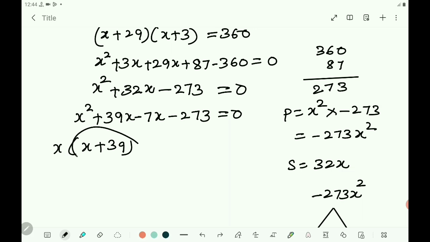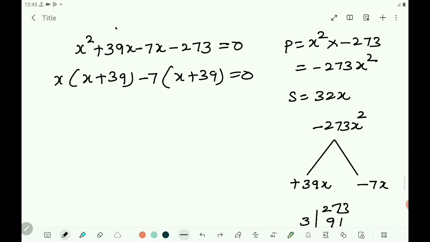In the bracket you are going to get x plus 39. Then minus, here 7 and 273 is there. If you remove 7 common, in the bracket you are going to get 39. 7 is common, in the bracket x plus 39 equals 0, because out of the bracket minus sign is there. So this minus becomes plus.